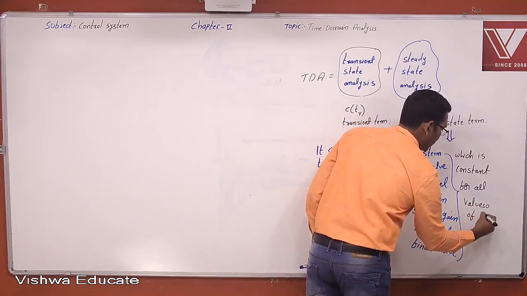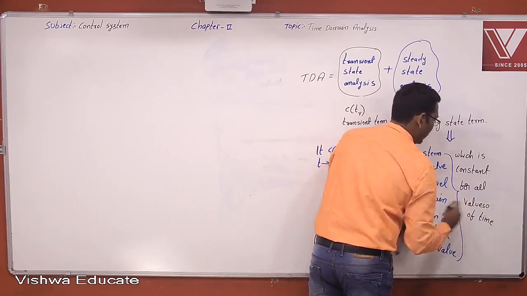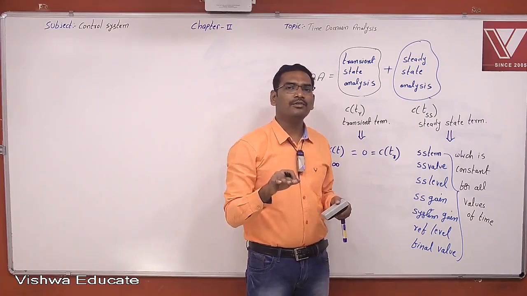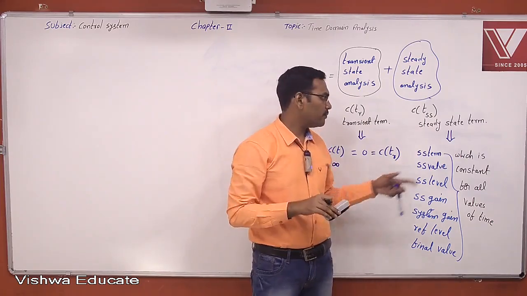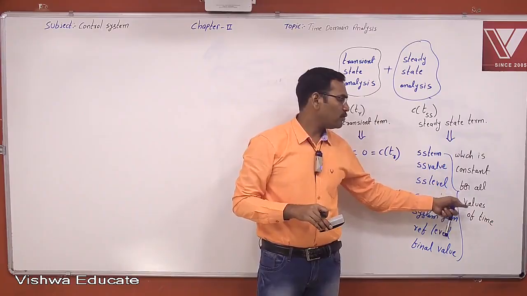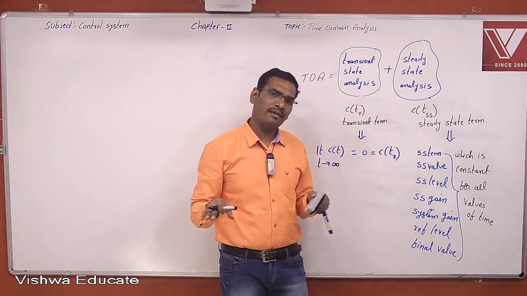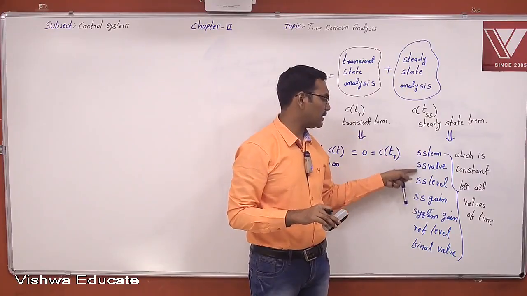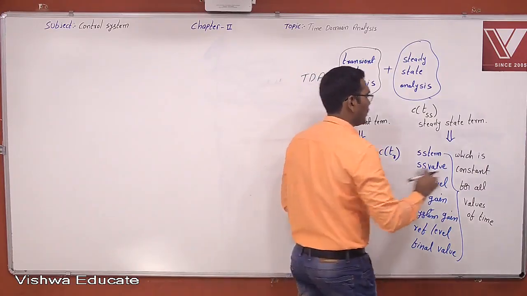Its magnitude is constant for all the positive values of time, for all the values of time. That term is called a steady state term or steady state level or steady state gain.